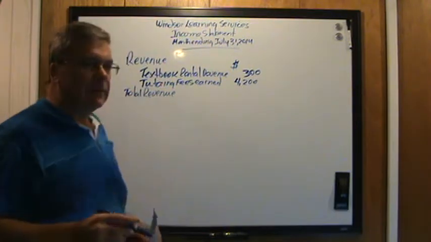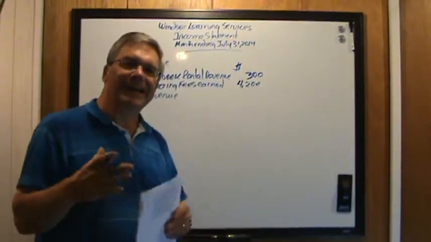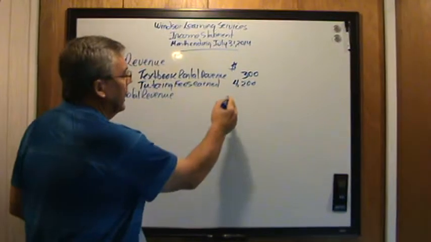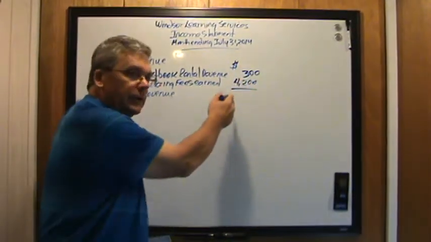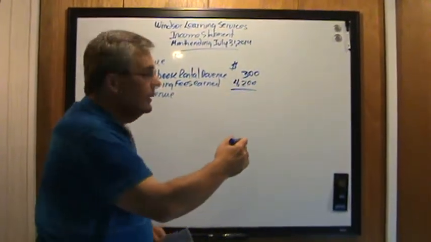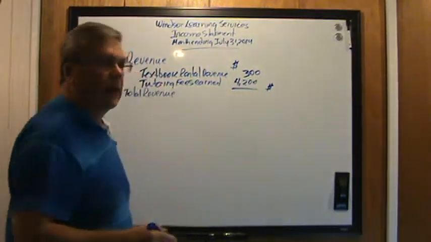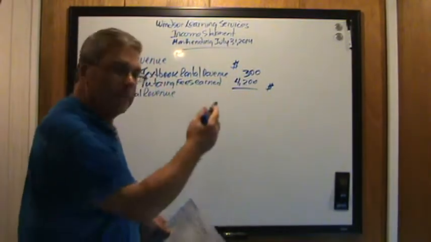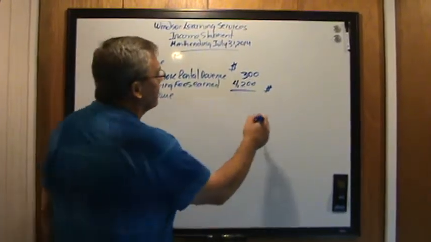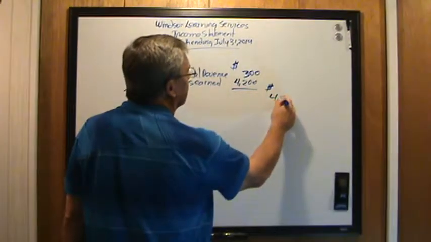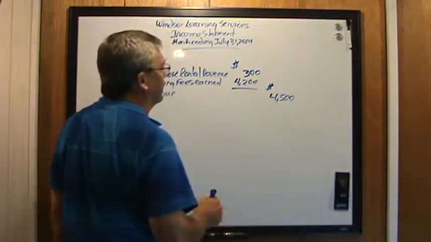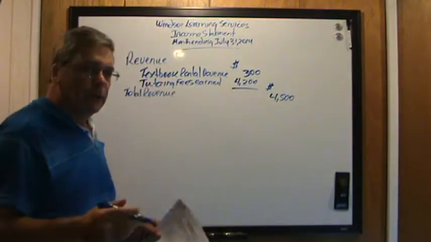And it's not required, but it's a nice format to have a column here with the sub items, and then start another column out here with another dollar sign to have the total amounts in them, so that it makes it easier to analyze. $4,500 in total revenue. Now we move to expenses.